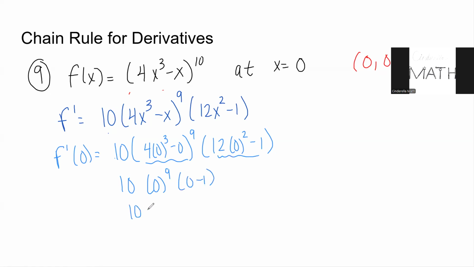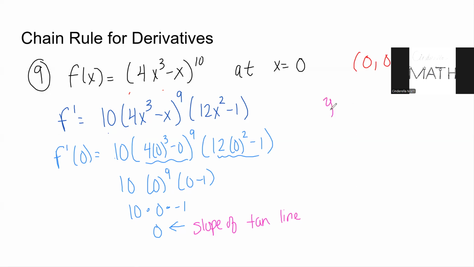So we have 10 times 0 times negative 1, so 0. Did I mess up there? I don't think so. So that answer, the derivative evaluated at 0, is the slope of the tangent line.